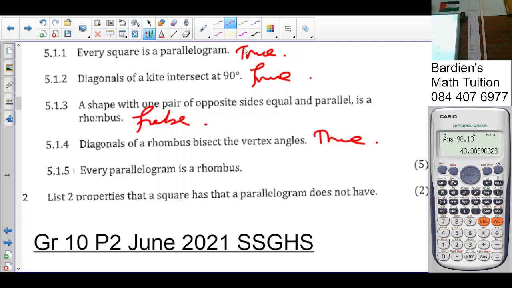So a kite looks like this. That diagonal bisects the vertex angle. That's not a very good representation of a kite, but you guys know what I mean. So it's a kite where one diagonal bisects its vertex angle. A rhombus and one more.